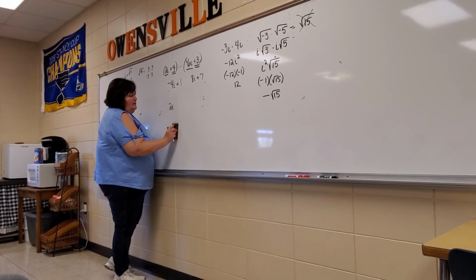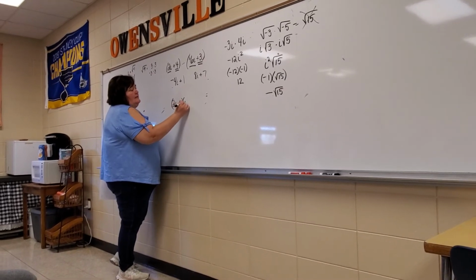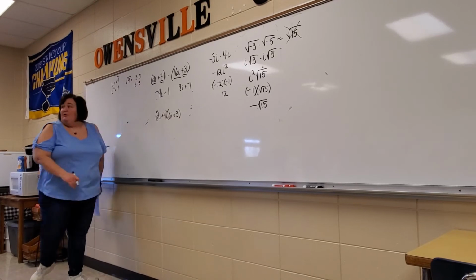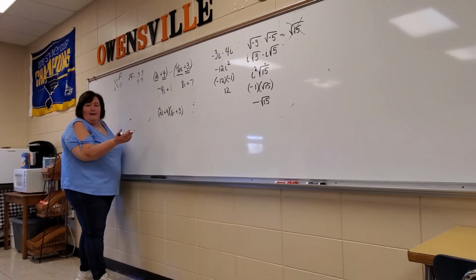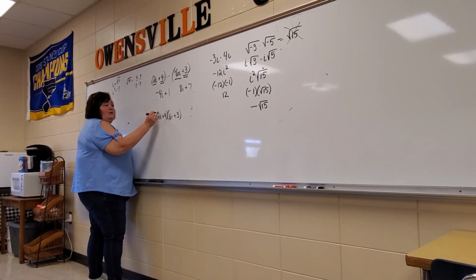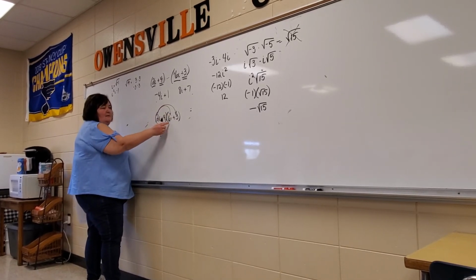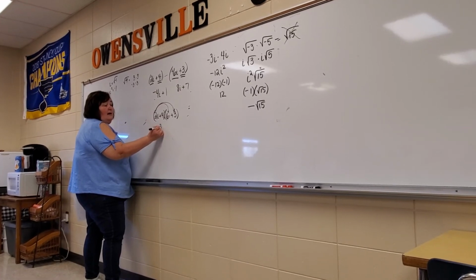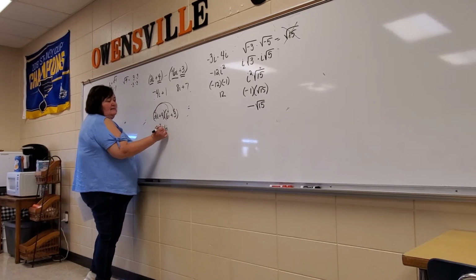Let me clean this board. There we go. Plus 4 and 6i plus 3. Let's do it like that. We can also multiply. Okay? When you multiply binomials, two binomials give you a binomial. So you take 2i times 6i and 2i times 3. So 2i times 6i is 12i squared. 2i times 3 would be 6i, right?